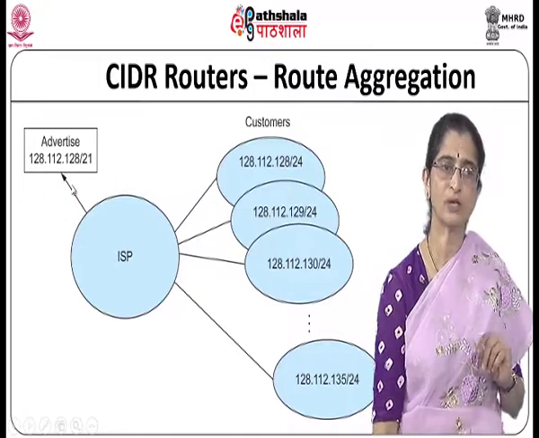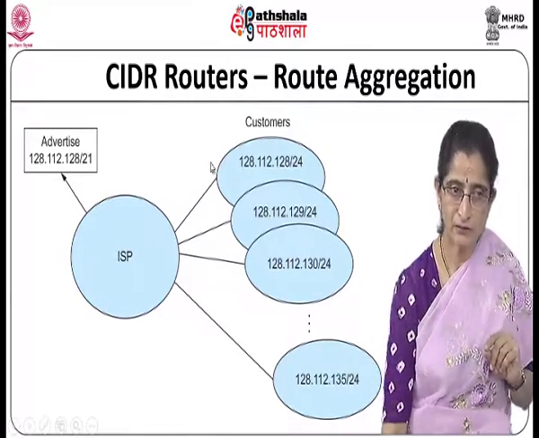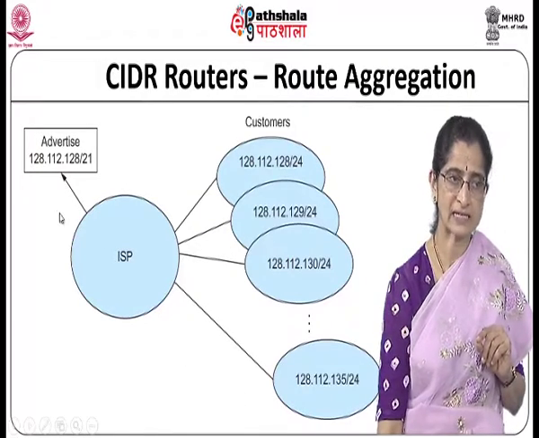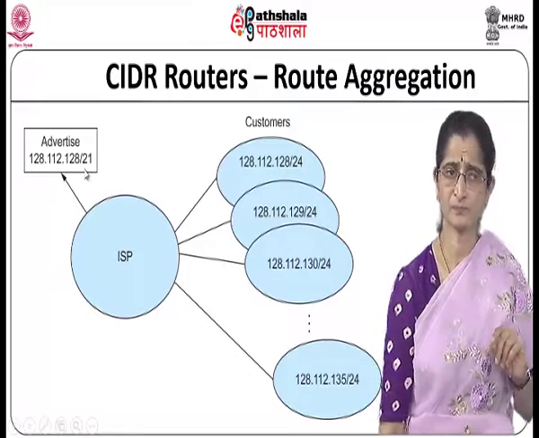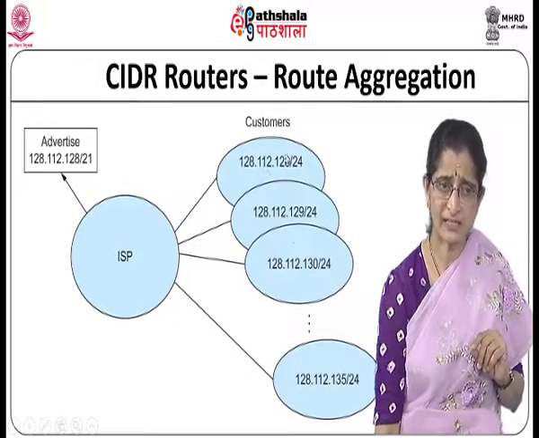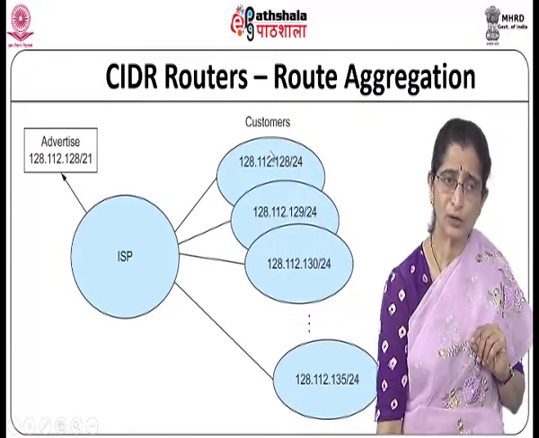have only one address advertised, combining all these 8 different things as 128.112.128/21. Now why 21? Because there are 8 different things which are grouped together, and they are all contiguous.